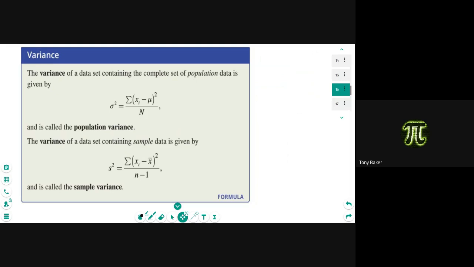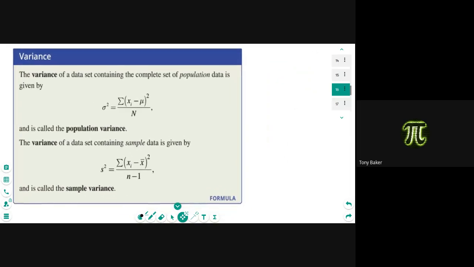The first one is known as variance. You do not need to know this formula over here. You do not need to know those formulas. You are going to use a computer to do this calculation for you. I'm going to show you what it does so you understand what it means. What you will need to know are those symbols.